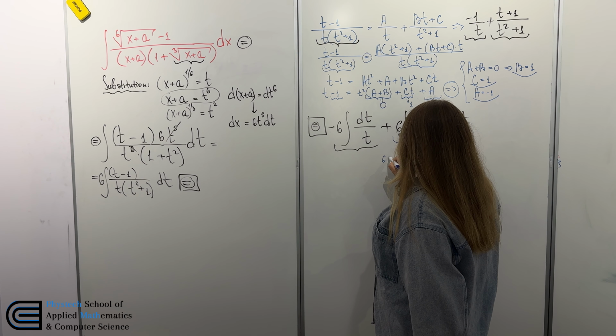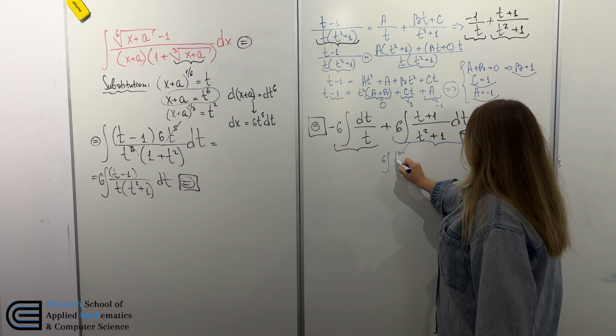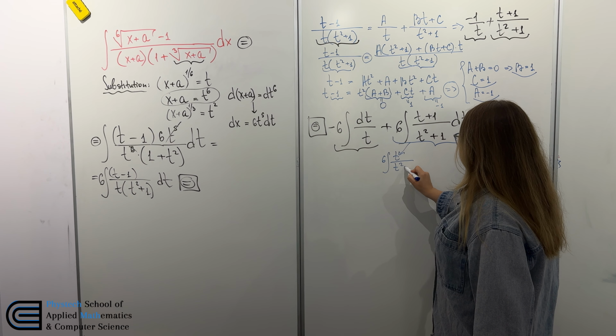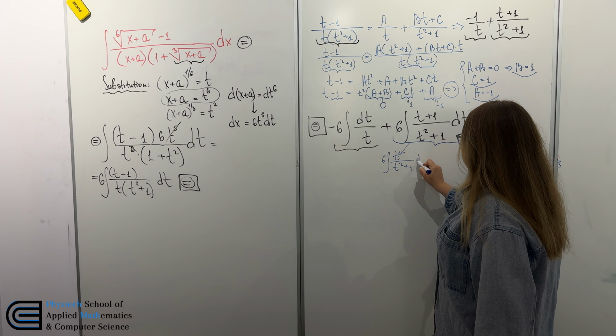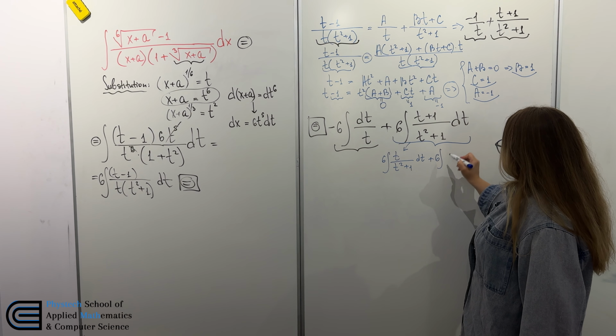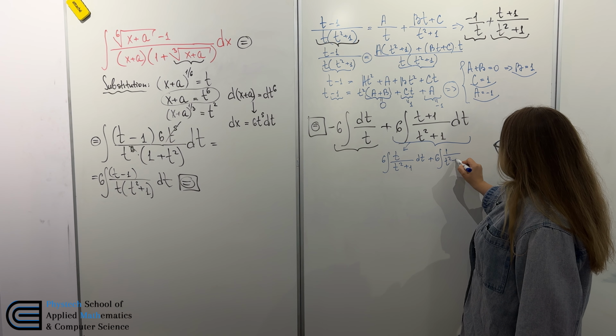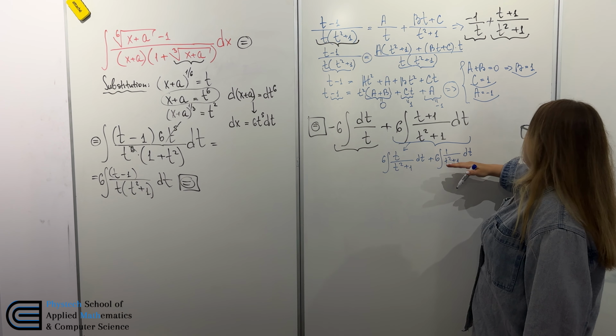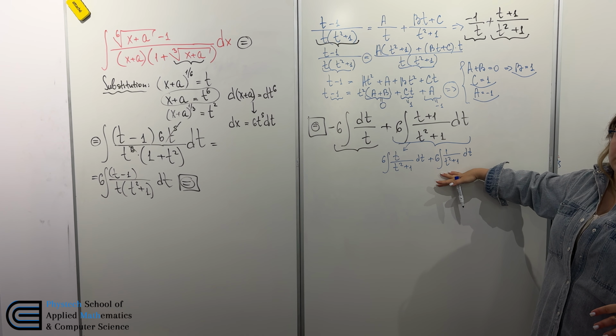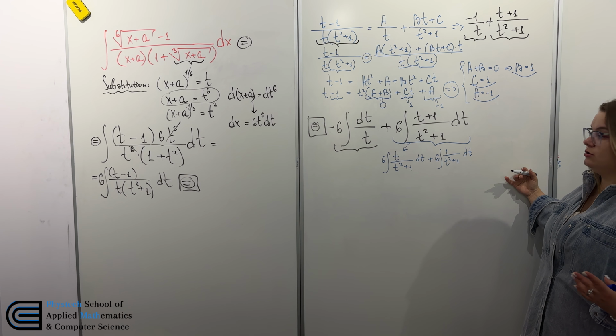We can see that it is 6 multiplied by t divided by t squared plus 1 dt. It's an arrow, a little bit smaller. So now 6 multiplied by the integral of 1 divided by t squared plus 1 dt. We can see that this integral gives us our tangent.